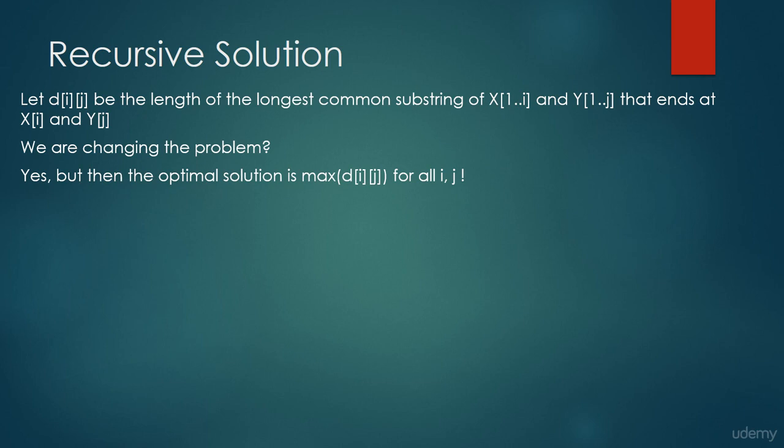What does that mean? We're limiting our solution here. We're saying that dij is the length of the longest common substring of x1 to i and y1 to j that ends at xi and yj. So instead of requiring the end at xi and yj, we loop over all the i's and j's and find the maximum one of them, and that's the maximum substring ending at any xi and any yj.